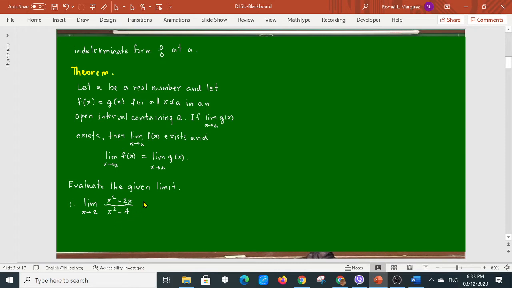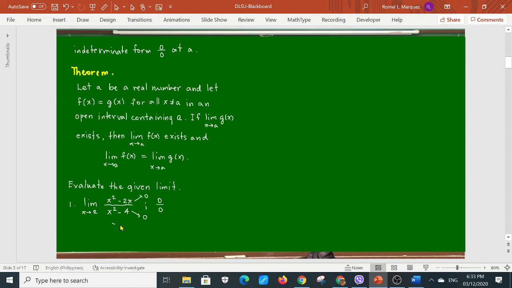Now let's take the limit of the denominator: 2 squared minus 4, so the limit is equal to 0. The limit of the numerator: 4 minus 2 times 2, so 4 minus 4, it is also 0. So this limit takes the indeterminate form 0 over 0.